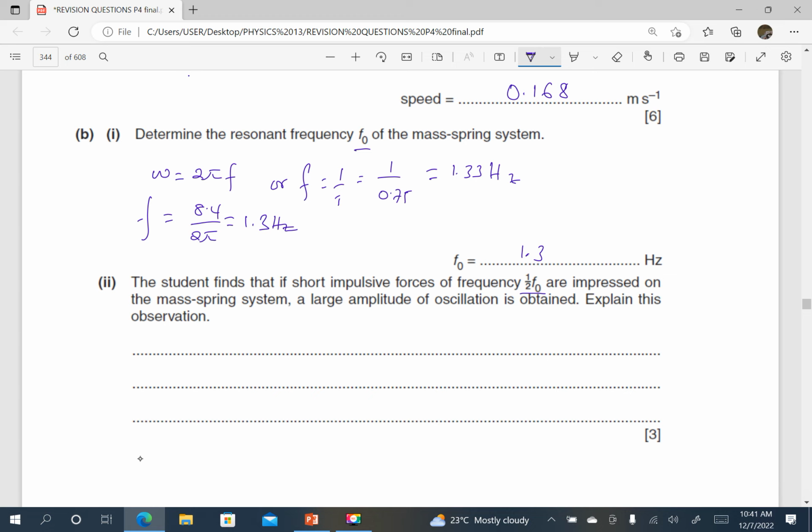So we can say at a half F0, the impulsive forces provide to the mass some oscillations, or some oscillating energy.